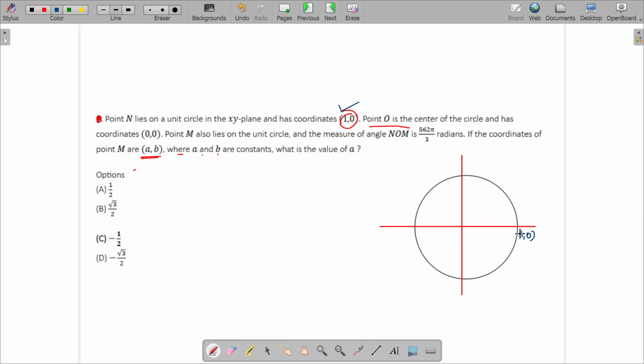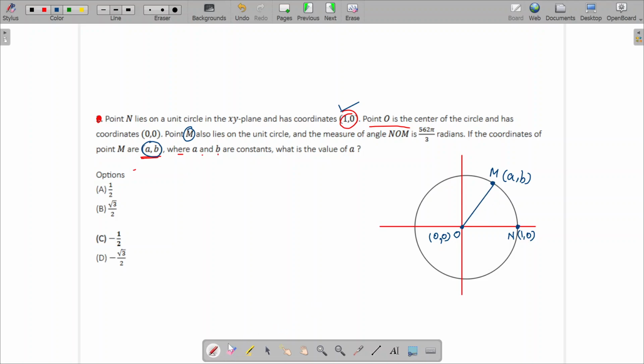This is the center O. There's a point on the circle which is M, with coordinates (a, b). I don't know where this will lie, but I'm just assuming that point M lies here. Makes sense? You draw the line.